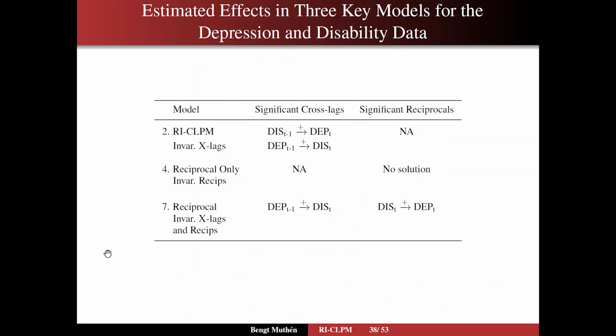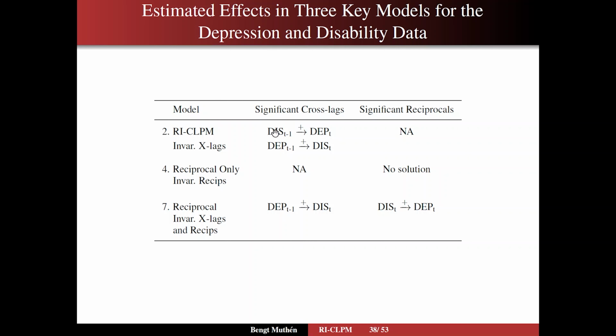So on slide 38 you have the summary of 3 models, the best one of each kind. So the regular model here, where you have significance of both cross-lags, you have the effect of increasing disability at t-1 causes an increase in depression at time t, and vice versa.